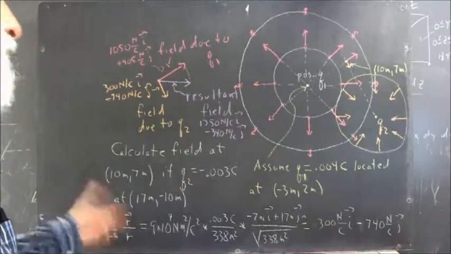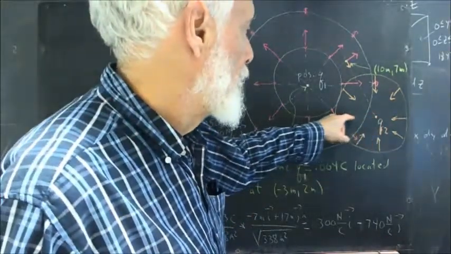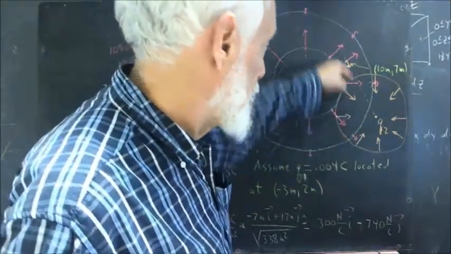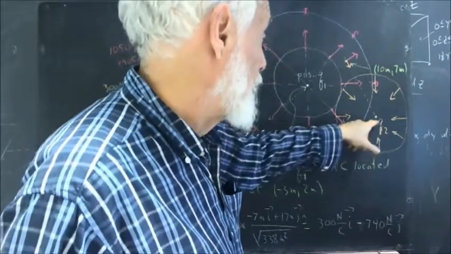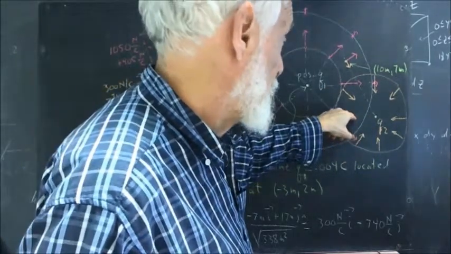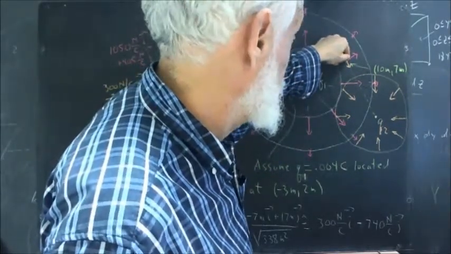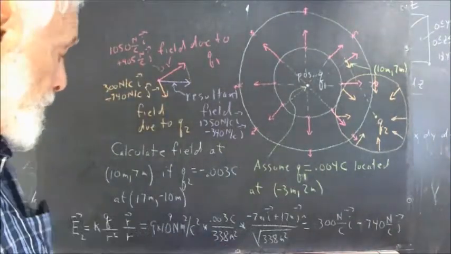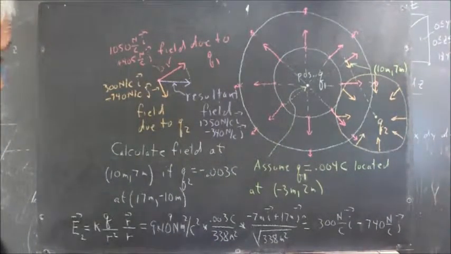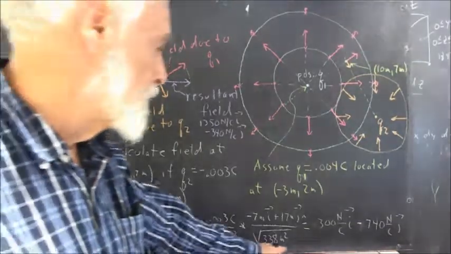R squared is going to be the square of this leg of the right triangle plus the square of this leg of the right triangle. That's going to be 7 meters, so the square is 49 meters squared. This is 17 meters, so the square is 289 meters squared. We add those up, we get 338 meters squared.